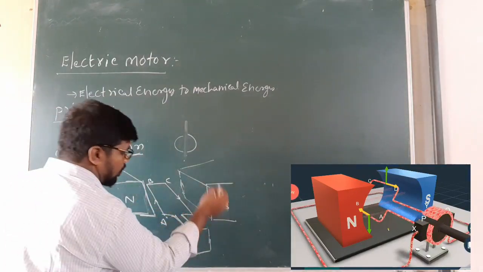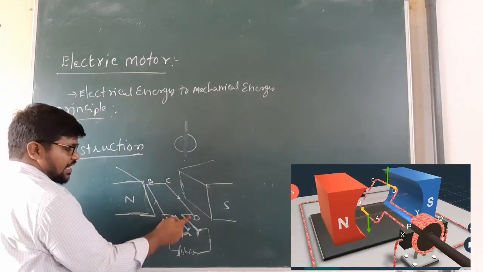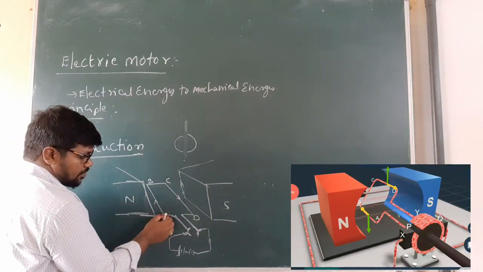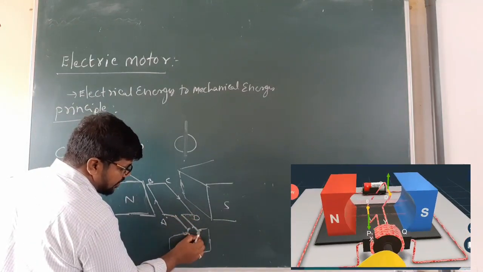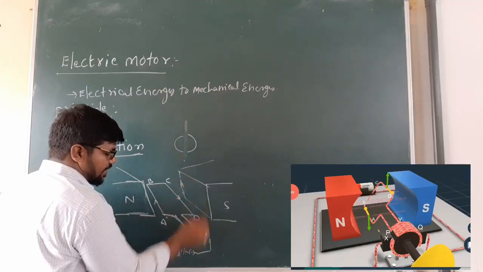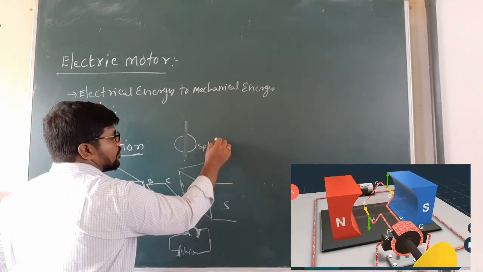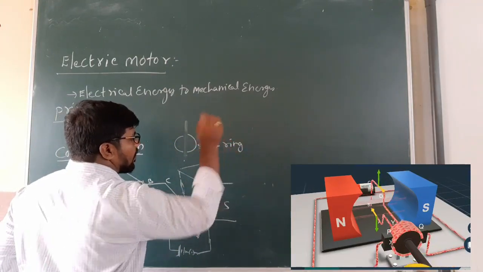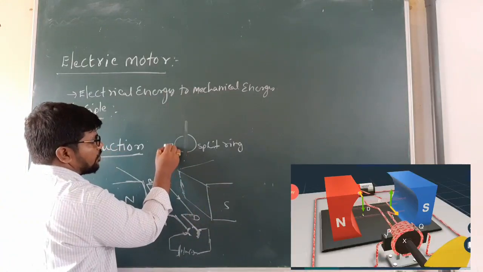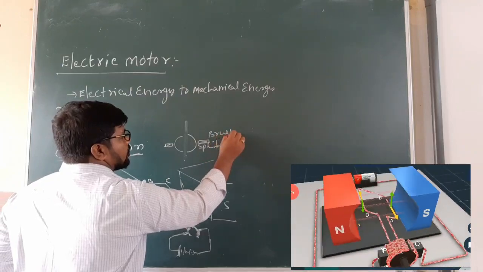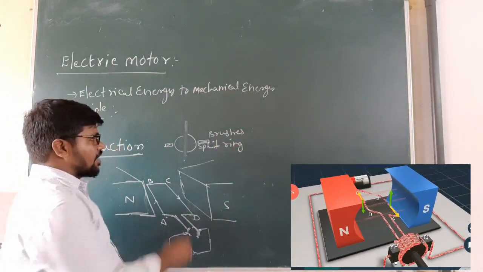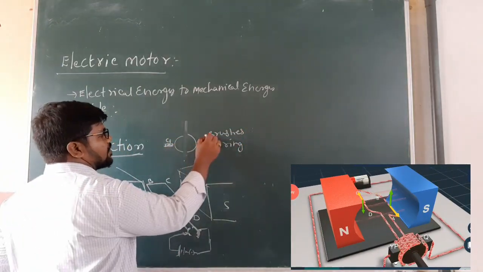North and south poles, powerful magnets. ABCD is a rectangular coil, and at the edges of this coil we are attaching the split rings. After that, here we have carbon brushes C1 and C2.